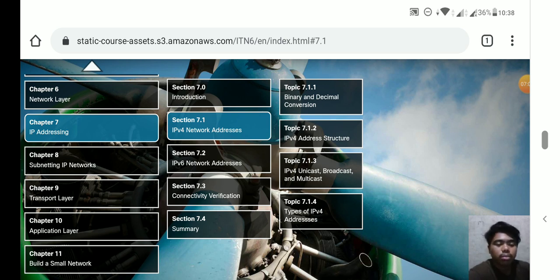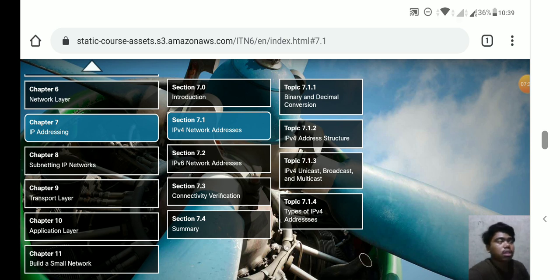For IPv4 communication, we have three types: unicast, broadcast, and multicast. Unicast is one-to-one communication, broadcast is one-to-all, and multicast is one to a select group.